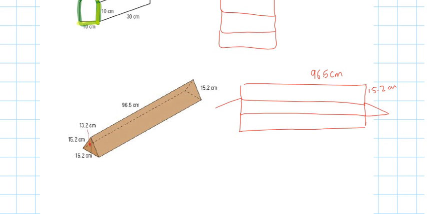And they're going to be, in this case, they gave me the height of the triangle to be 13.2, so I can include that. Are we good with that? Okay.